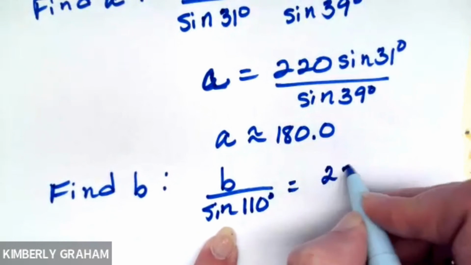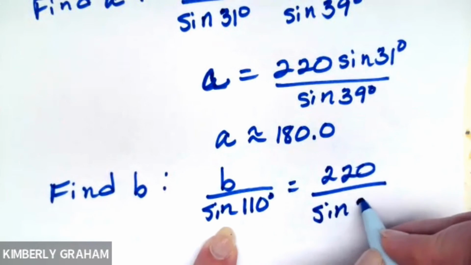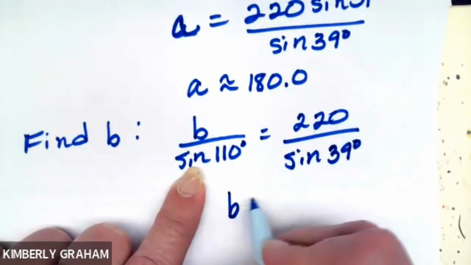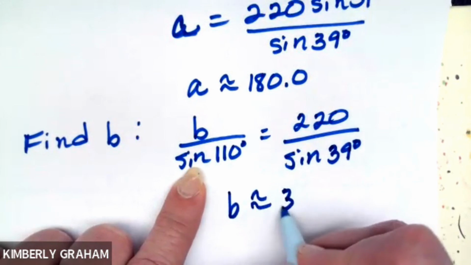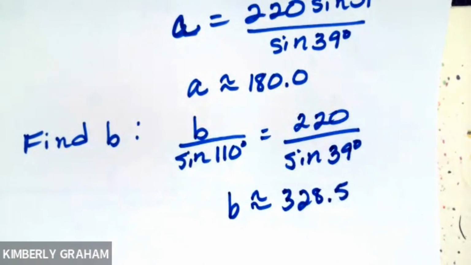And that's going to be in proportion to my C's. Then I solve this for B, and I get approximately 328.5. And when you go back and look at your picture, your biggest side should be opposite your biggest angle.